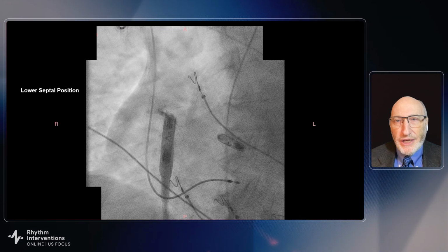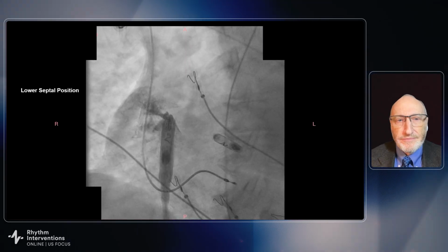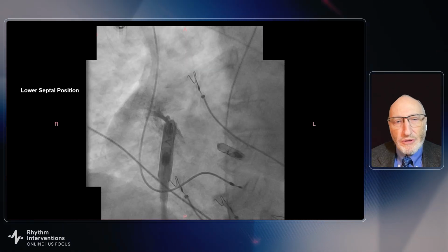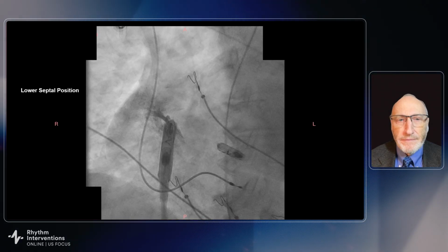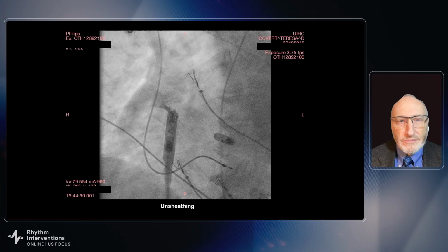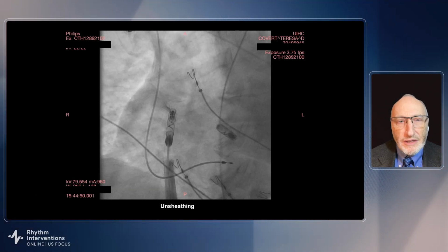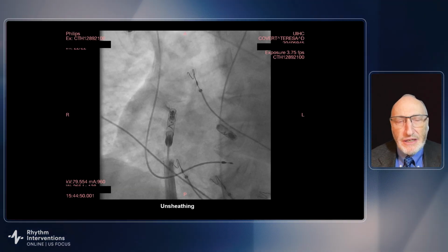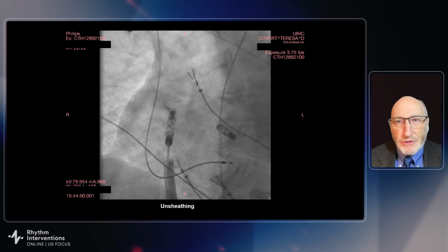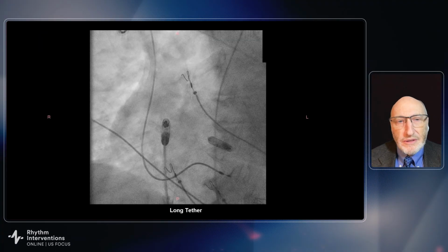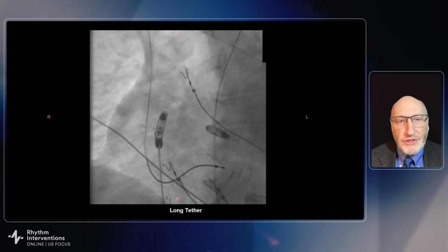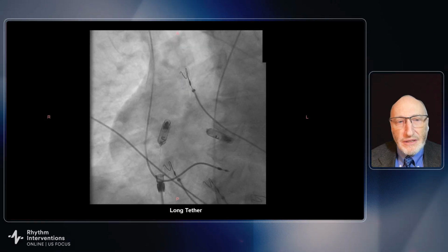So then we came down a little bit more septal. As you can see, we're quite a bit lower, and we're against the septum there. We then checked our position, and it was adequate. The catheter was placed and removed.